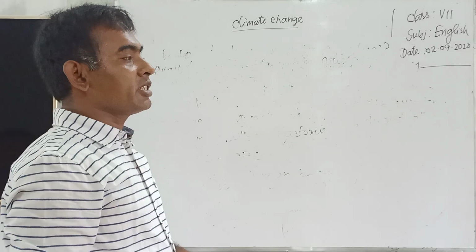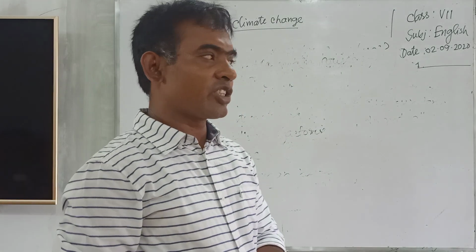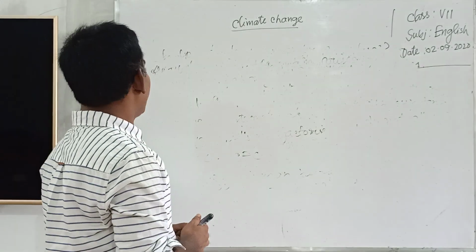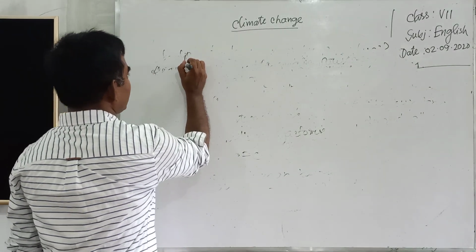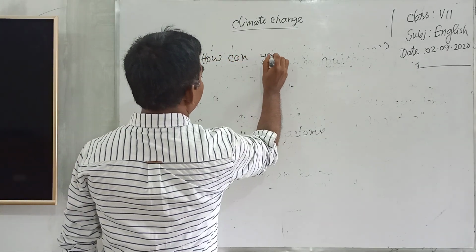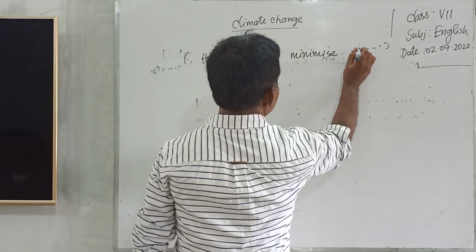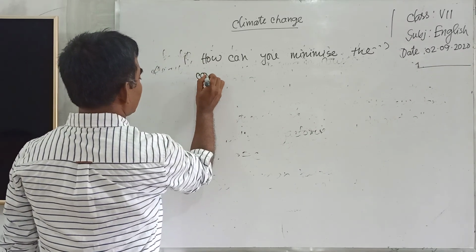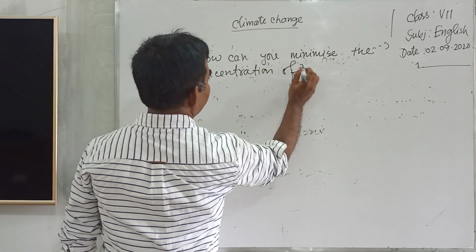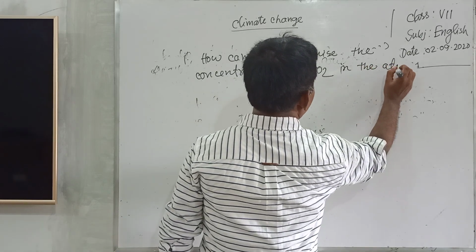The next question is, how can we minimize the concentration of carbon dioxide, because it is the main culprit to change our climate? How can you minimize the concentration of carbon dioxide in the atmosphere?